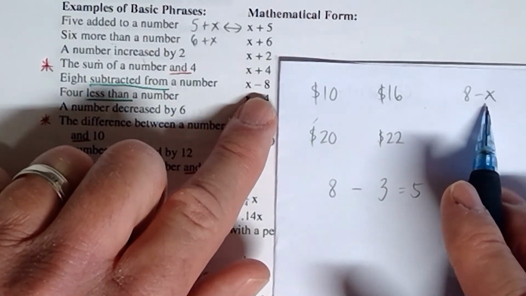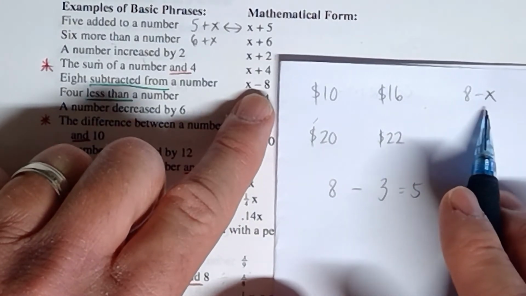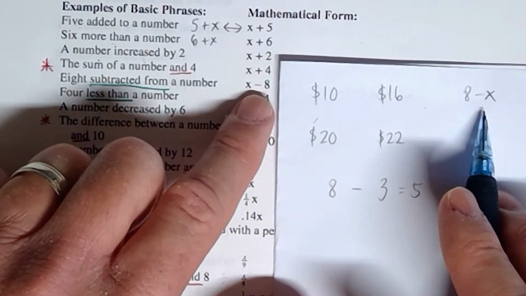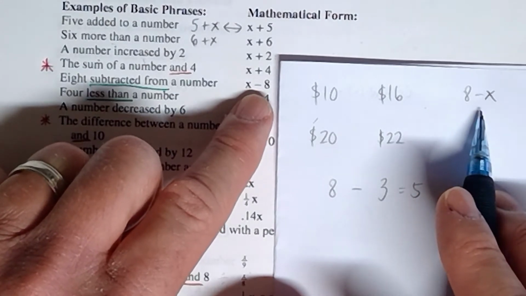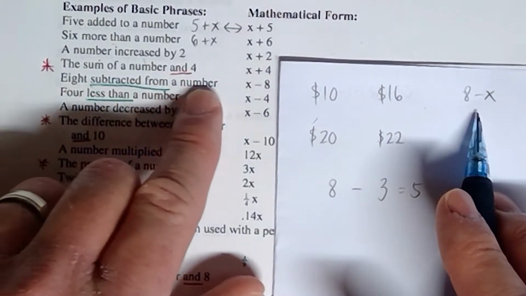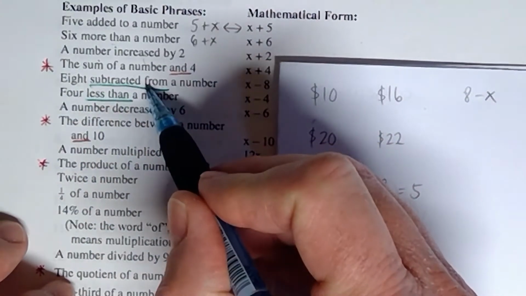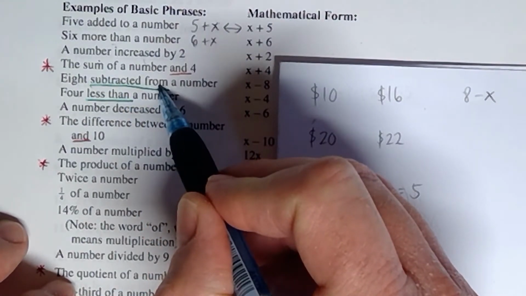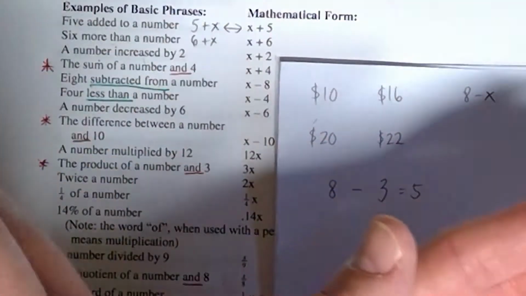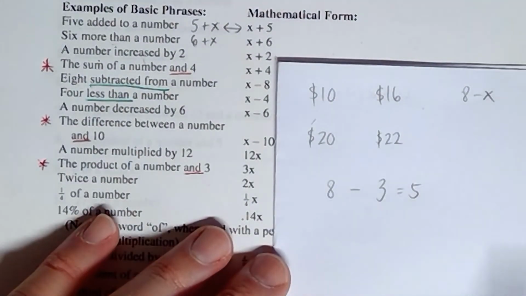And so this is the right answer, but this clearly is not the same answer as the one over here, so this must be wrong. But how could it be wrong if I just translated it right off of the page? It's because the phrase "subtracted from" means that you reverse around the 2 things that you are subtracting.